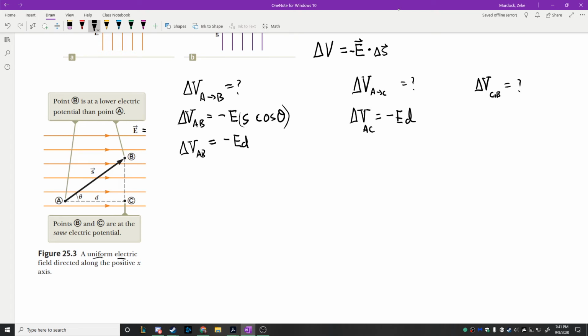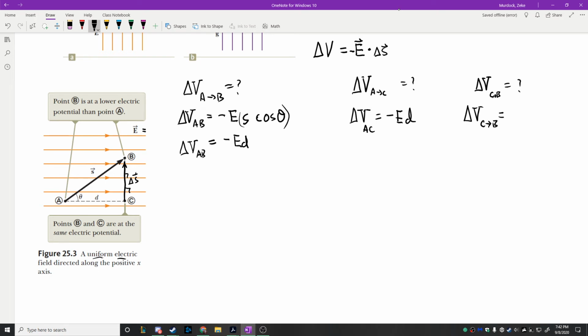What about if you go from C to B? If I go along a path in this direction, if that's my delta S, so to speak, then at every point on that path, the electric field is at a right angle. So what happens if I want to do delta V along the line from C to B?